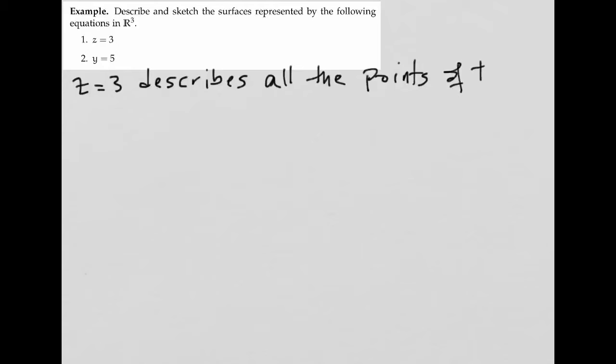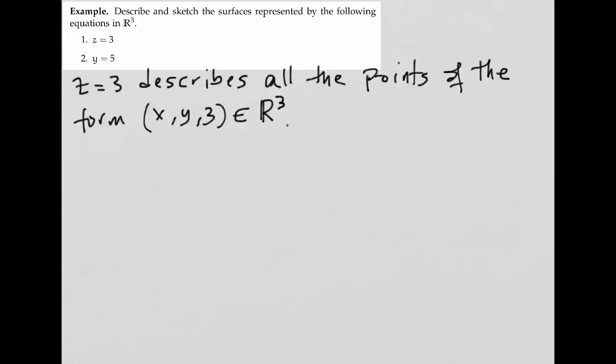So, z equals 3 describes all of the points of the form (x, y, 3) in R3. In other words, z equals 3 describes all of the points whose z-coordinate is equal to 3.